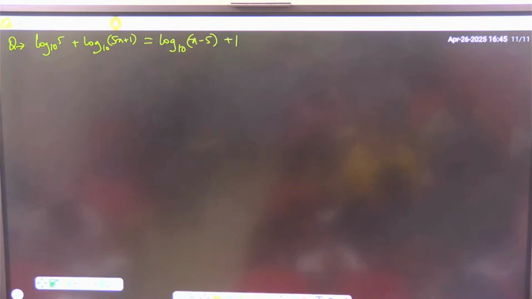So that will be x minus 5 whole into 10.